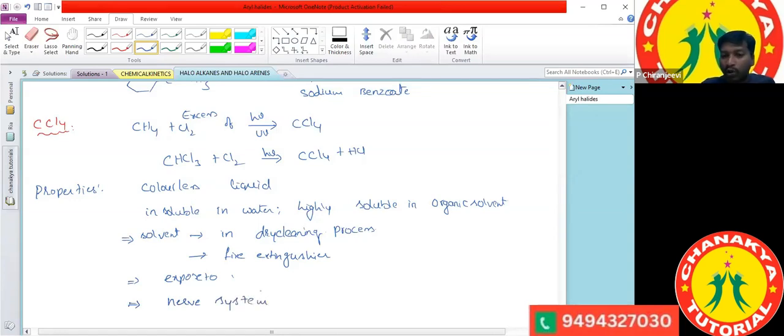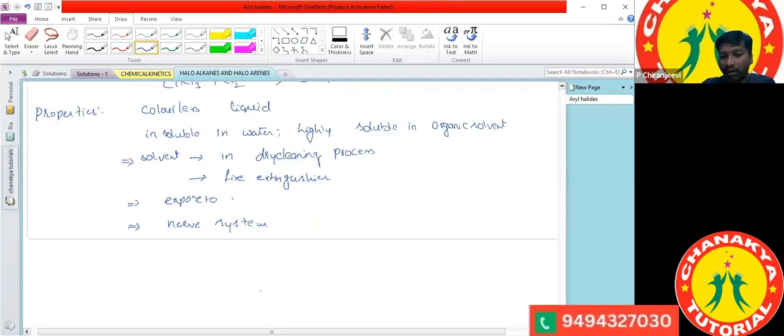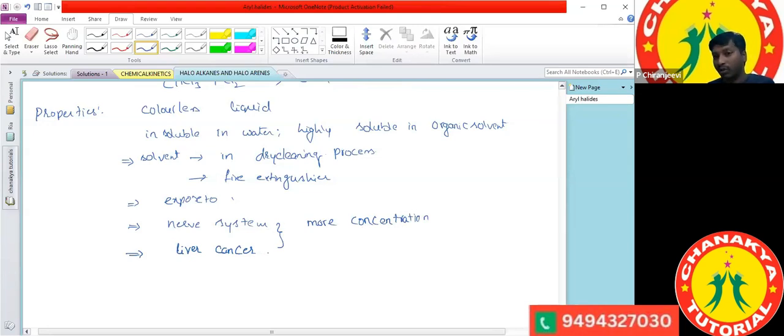All the nerve systems are going to die, and it also causes liver cancer. With a higher concentration of carbon tetrachloride in the atmospheric air, it first works on the nervous system and causes liver cancer also.